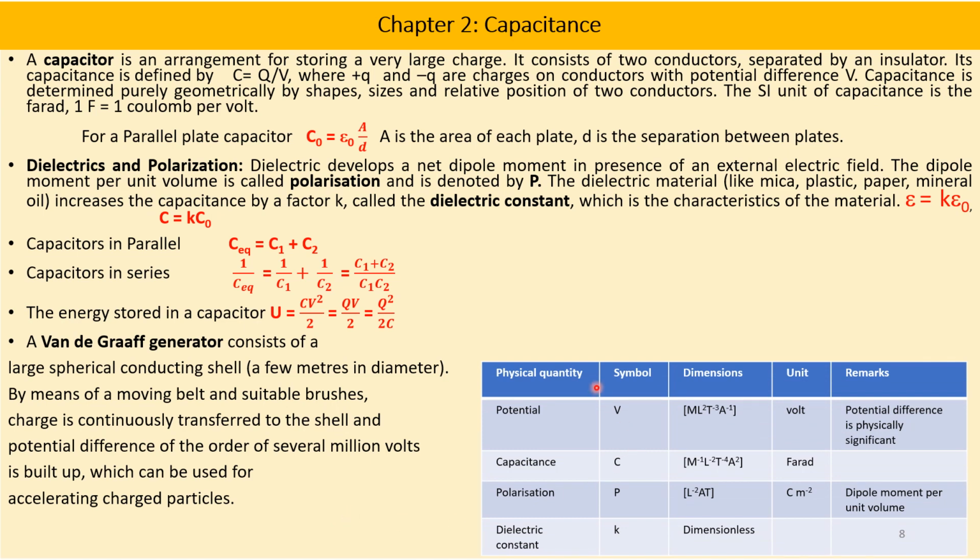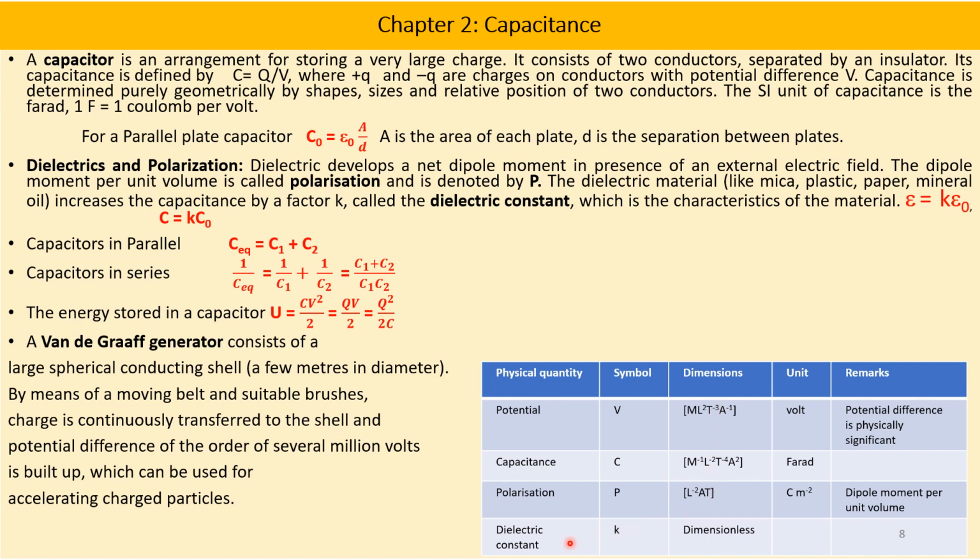So to summarize chapters 1 and 2, here the physical quantities potential, capacitance, polarization and dielectric constant are given. The symbol of potential is capital V, capacitance is capital C, polarization is capital P and dielectric constant is small k, and its dimensions are given.